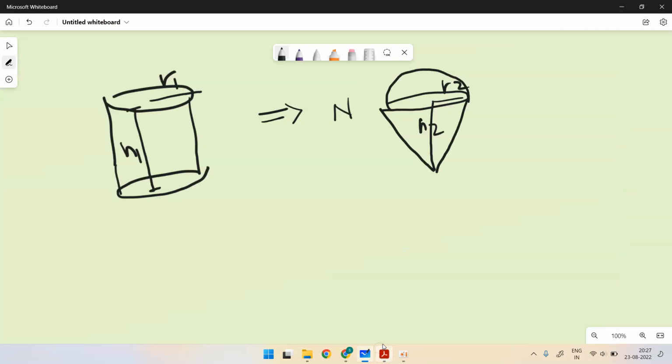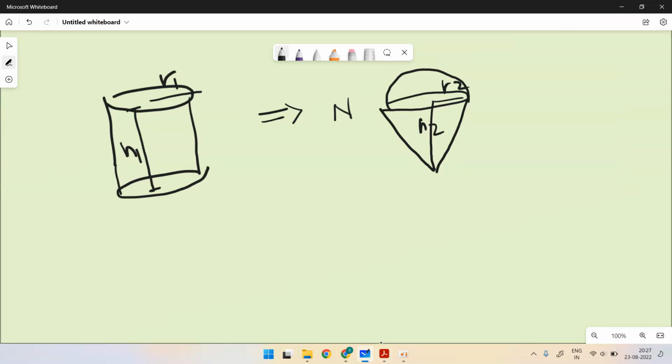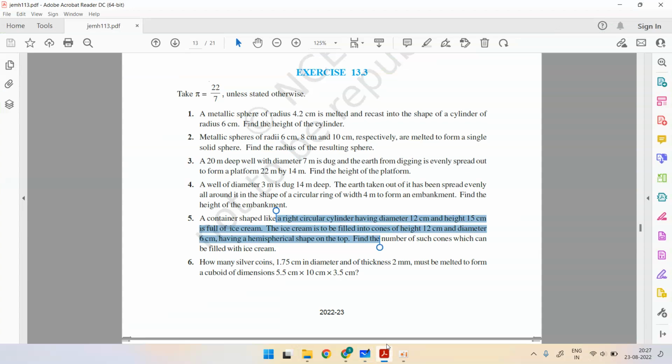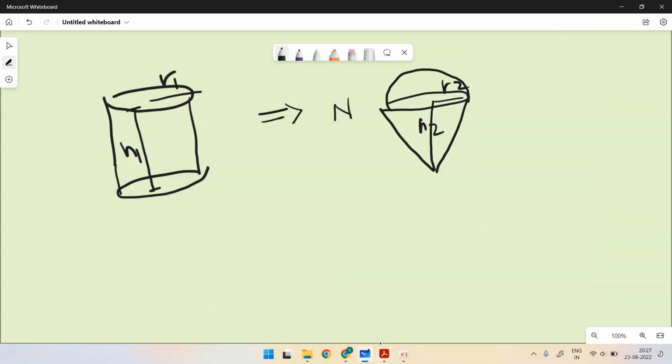Cones, this and this. This is in centimeters. Find the number of cones to be filled with the ice cream. See, the volume of the ice cream in the cylinder will be equal to n into the volume of this ice cream cone plus hemisphere.